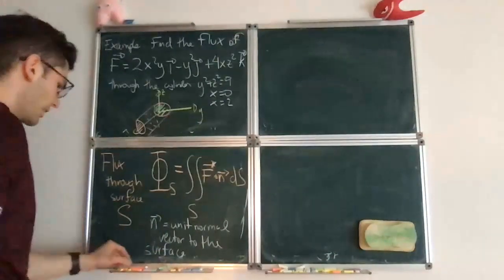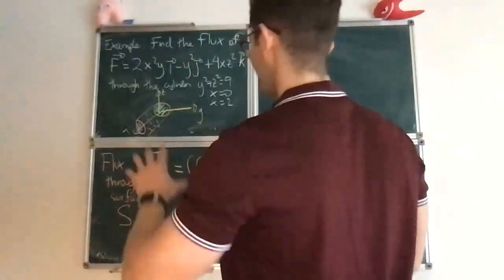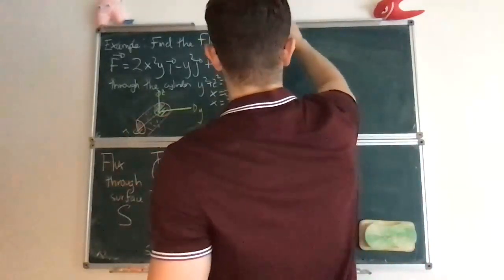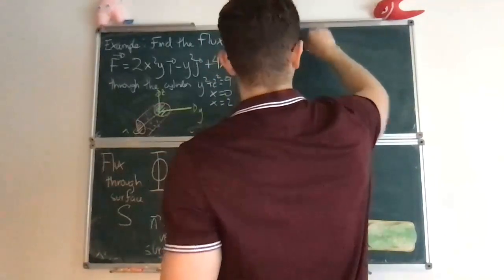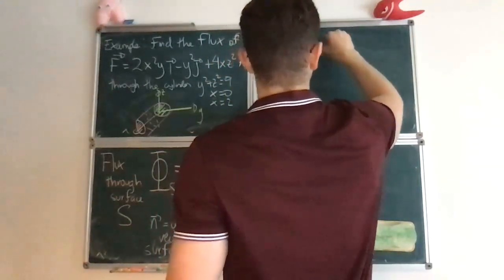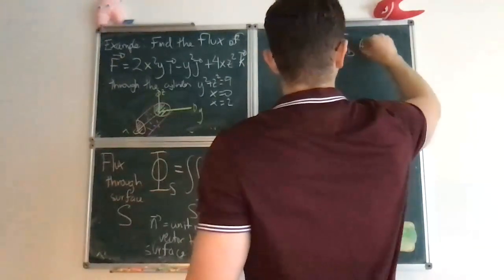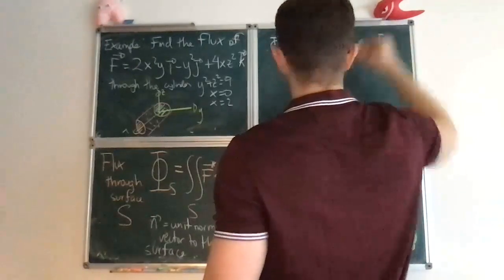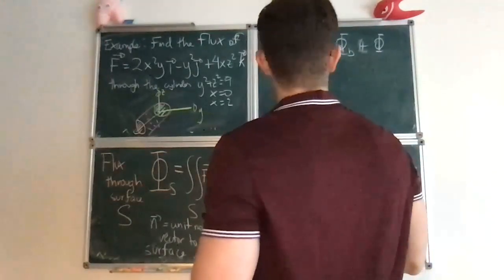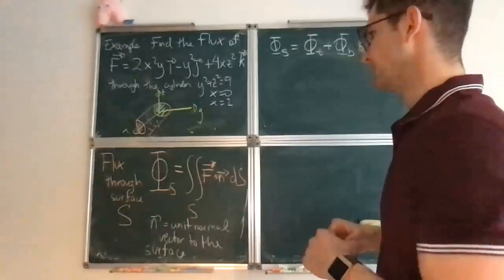And so what I'm trying to say is, again, flux is additive, so you can break the flux into each of the pieces. So the flux through the entire surface S will be the flux through the top surface plus the flux through the bottom surface plus the flux through the other one, let's call it Z for cylindrical, the cylindrical surface.